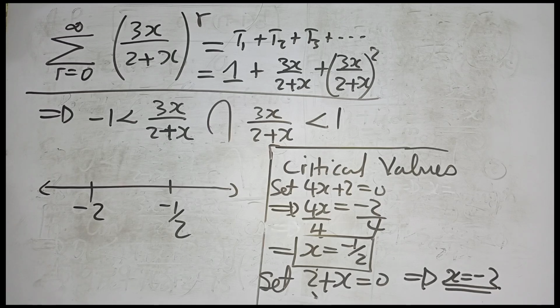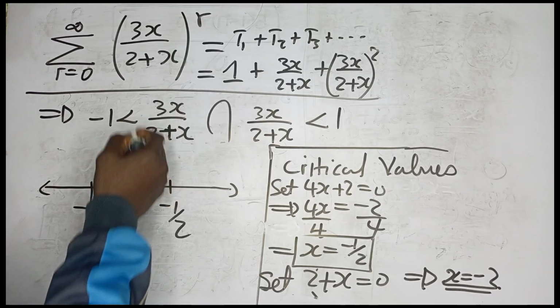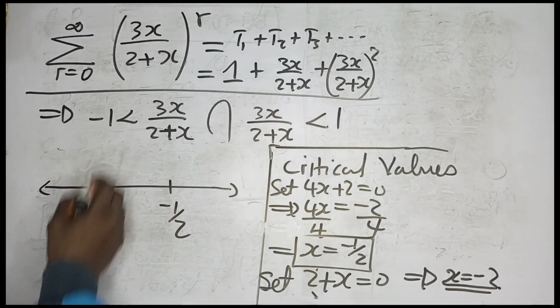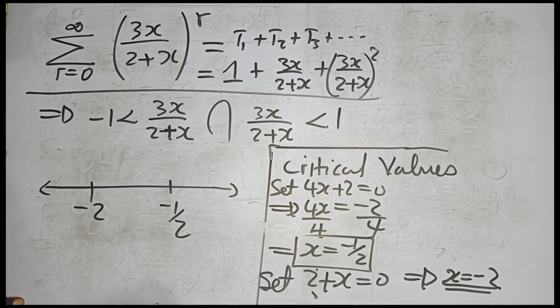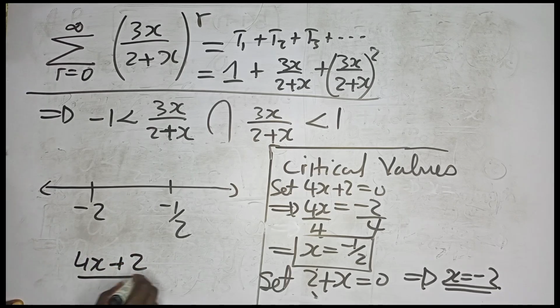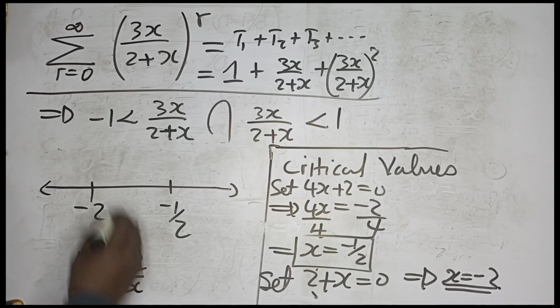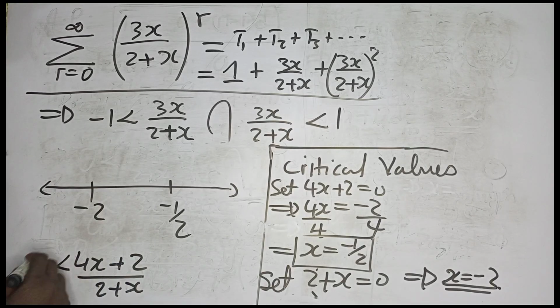And we're going to test our values on this expression. The expression should be 4x plus 2 all over 2 plus x less than 0.